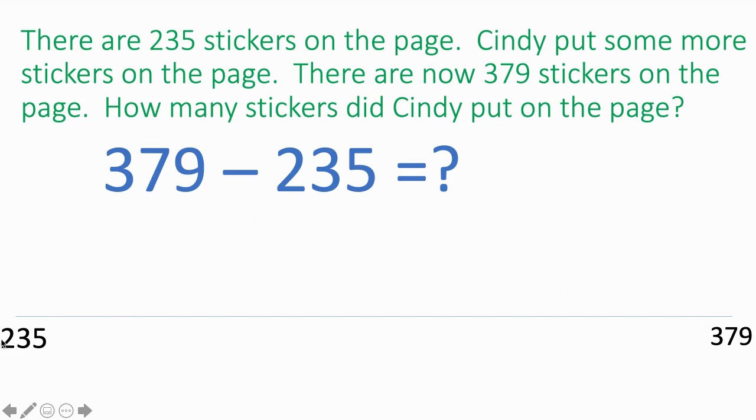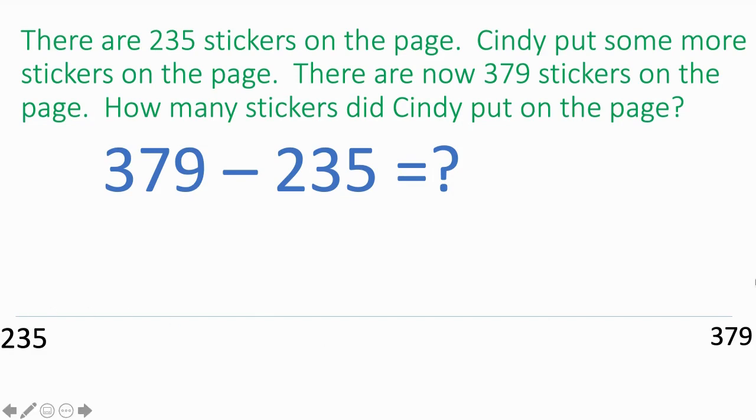Okay, so we can start at 235 and we can jump hundreds, tens, and ones until we get to 379. Or we can start at 379, go backwards since we're subtracting, and figure out how much until we end at 235. You can do it either way.